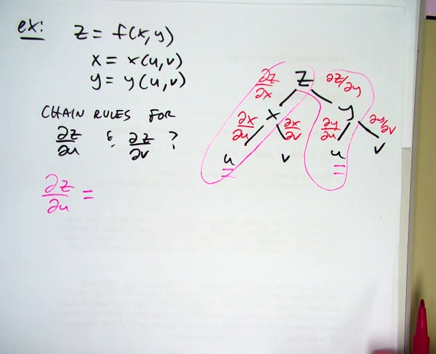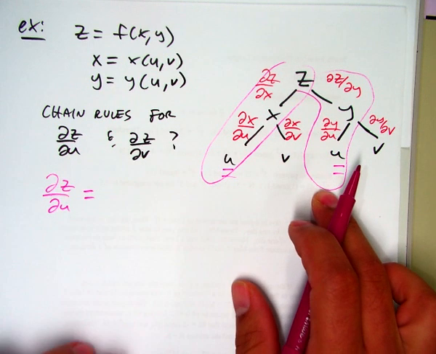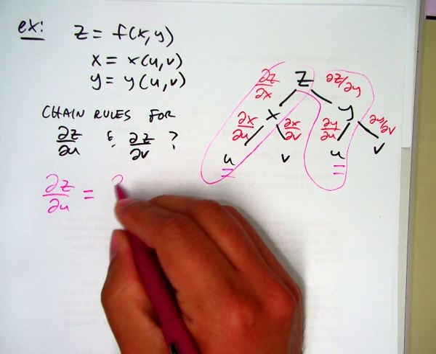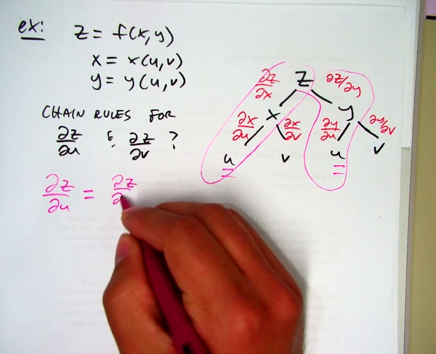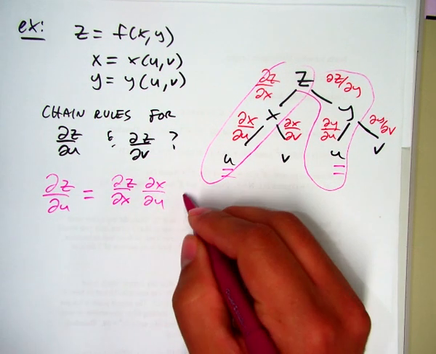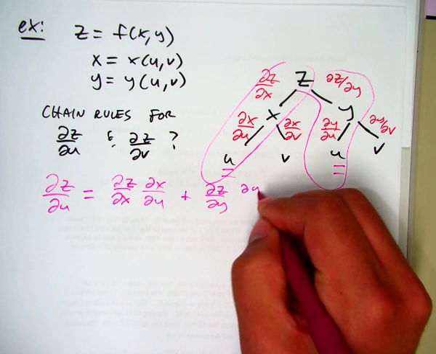Well, we need both of them together. It's going to be a sum, yes. So you're going to add up both paths. So partial z, partial u would actually be partial z, partial x times partial x, partial u plus partial z, partial y, partial u.